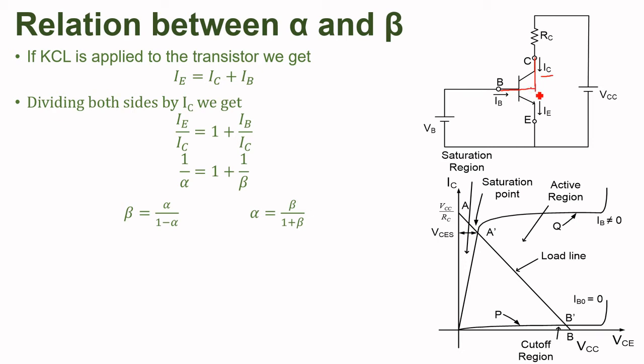The outgoing current from this transistor is IE. So this collector current is coming inside, the base current is also coming inside, and the current that is going out is the emitter current. Hence, the current leaving the node is equal to the sum of the currents entering the node.